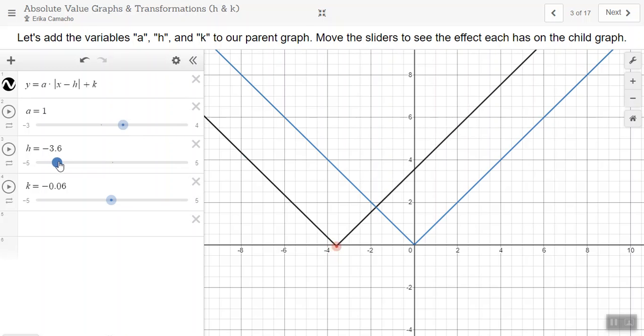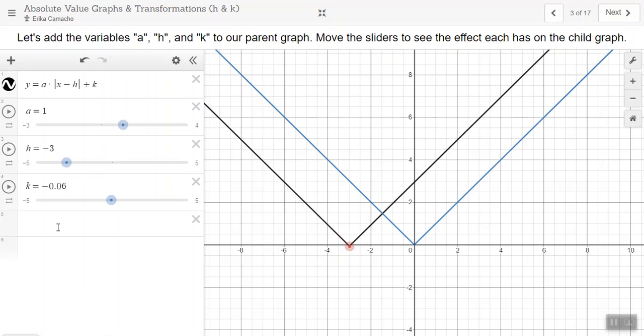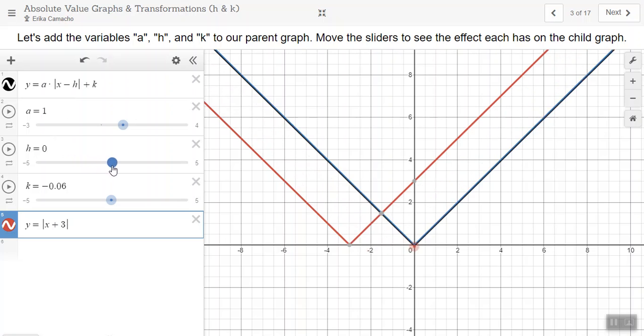I'm going to make this -3. Down here, if I write y is equal to absolute value of x +3, notice how it drew right over this function when I changed my value of h.